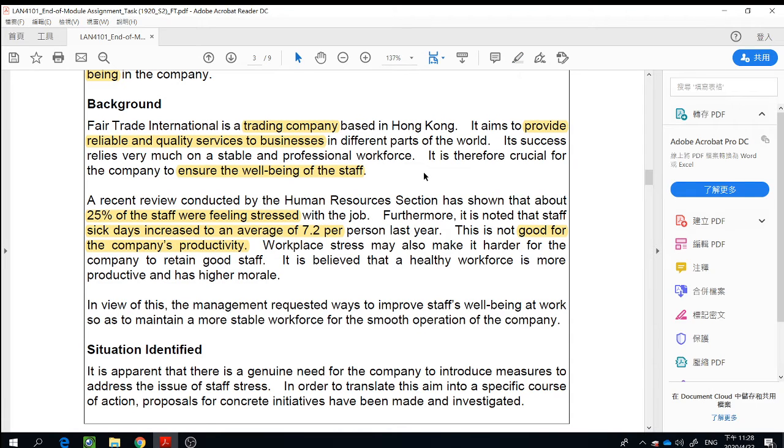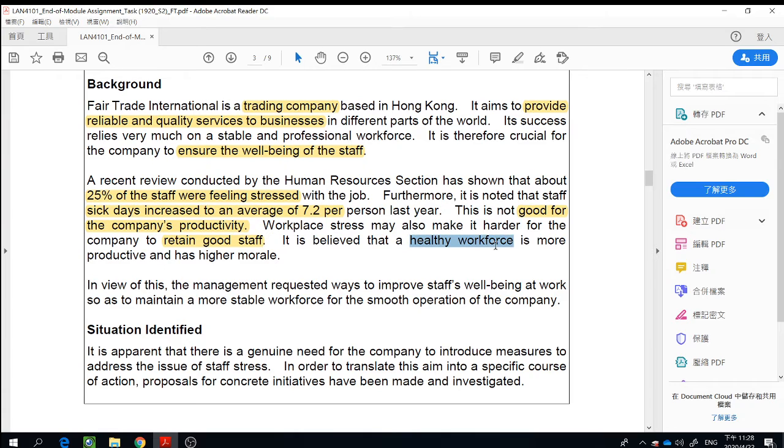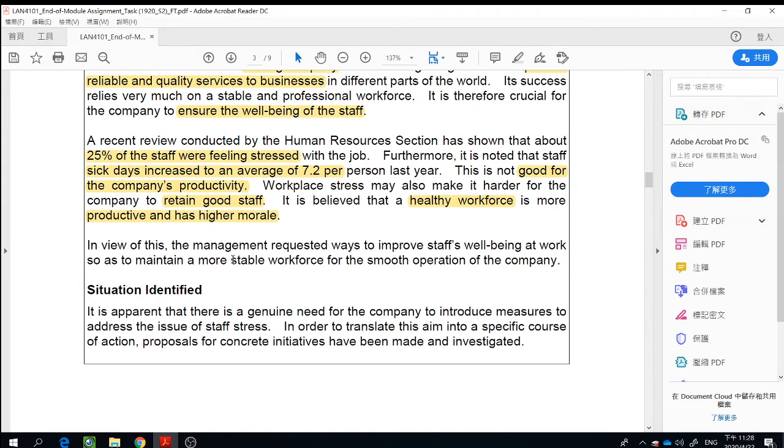And also, it is difficult to retain the good staff. People may leave. All right. And then a healthy workforce is something you want to achieve to increase productivity and achieve higher morale. So you are required to suggest something to maintain a more stable workforce.